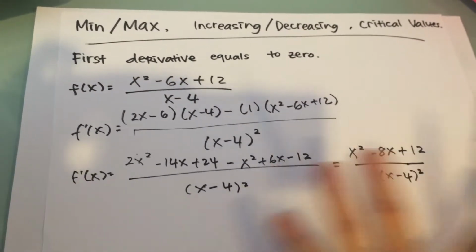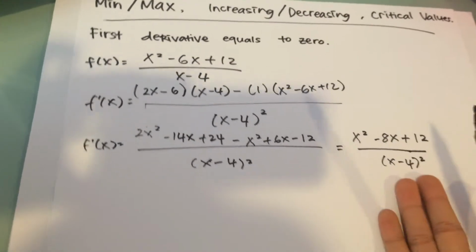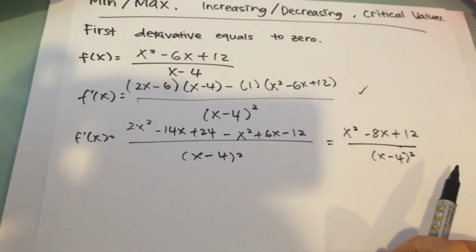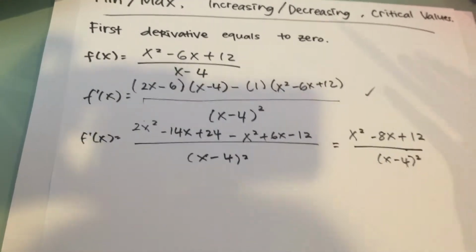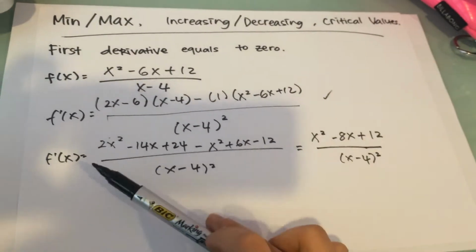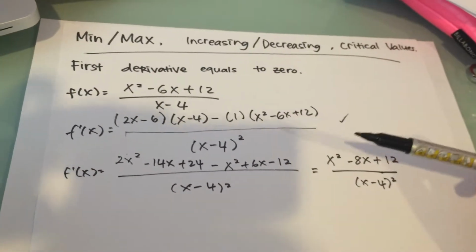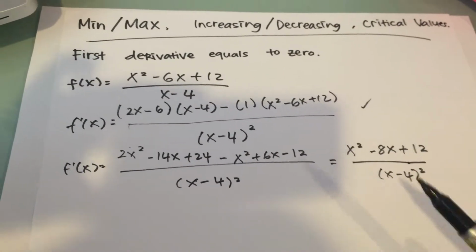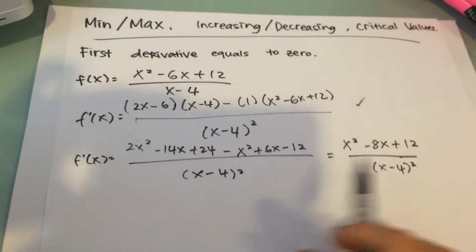I think you guys know how to simplify this. This is the calculus, and these are all algebra. For the free response, you just need to put this, but to find minimum, maximum, increasing, decreasing, critical value, we need to simplify it until here.